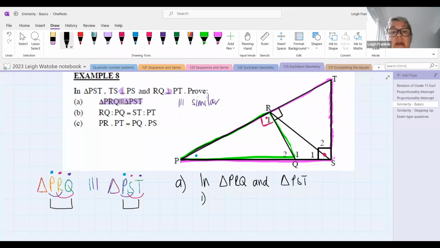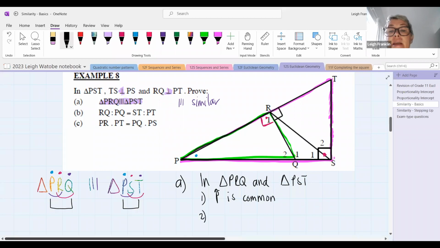We can see that angle P is common. Okay, angle P is common. The second thing that we can see is that angle R1 equals 90 and angle S equals 90.